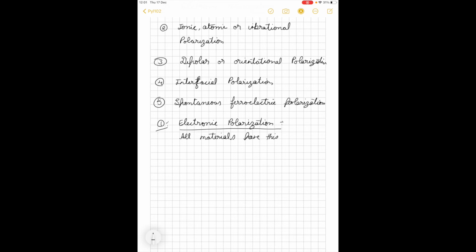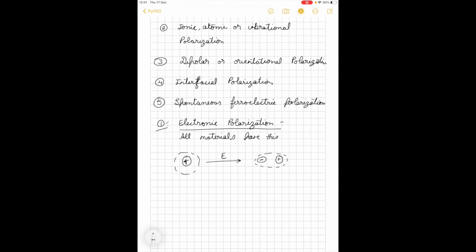So let's first look at what happens in electronic polarization, since we have already seen this. Whenever you apply a field, it's just the separation of electronic charge. We had a nucleus surrounded by electron clouds. Once you apply an electric field, the nucleus remains as it is, but the electron cloud gets distorted. So let's say this is negative.